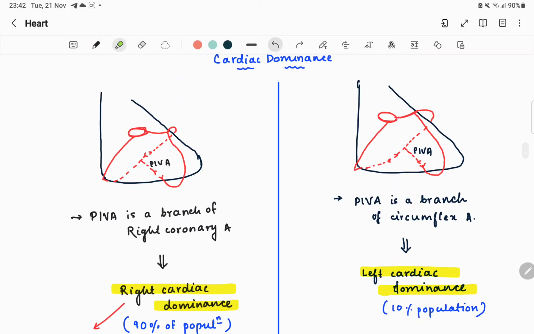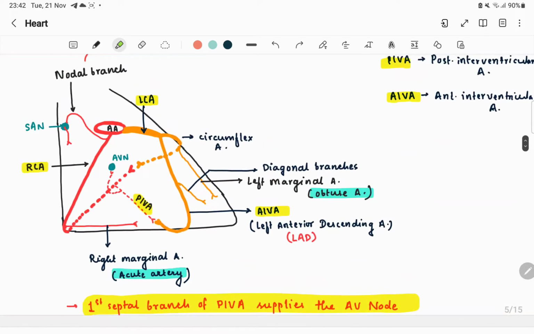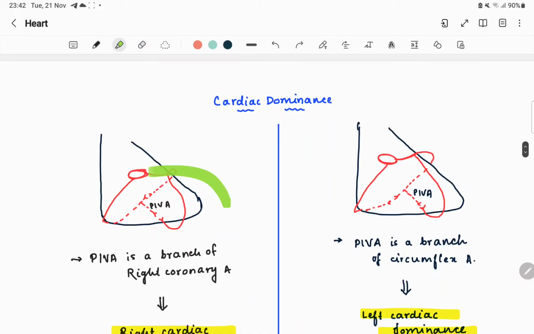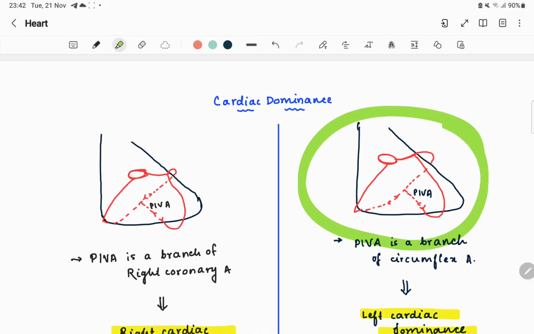Talking about right cardiac dominance, the PIVA is a branch of the right coronary artery, as we saw earlier. This is the right cardiac dominance, present in most individuals. But sometimes your PIVA is a branch of the circumflex artery.